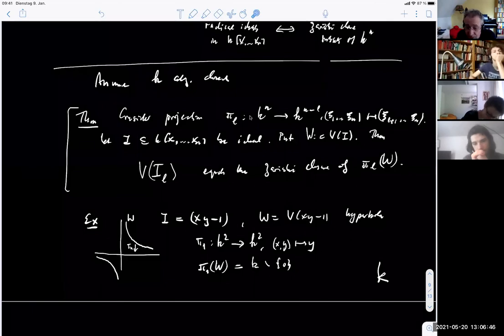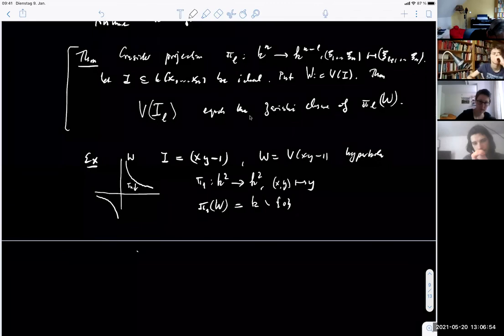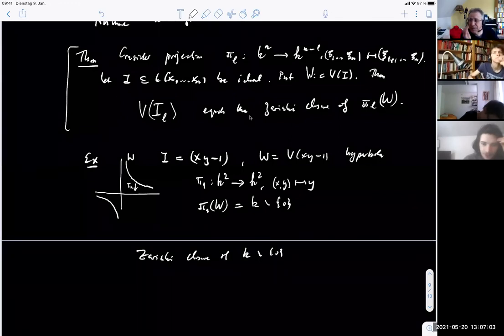But what is the Zariski closure? I have a question. If the set of polynomials is actually infinite, then why couldn't the set of zeros be infinite just as well?